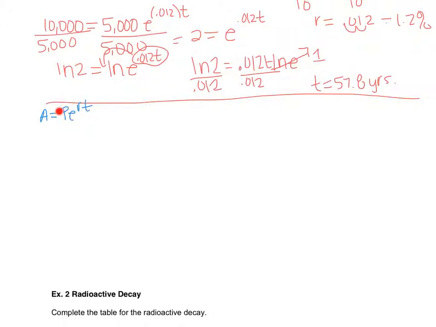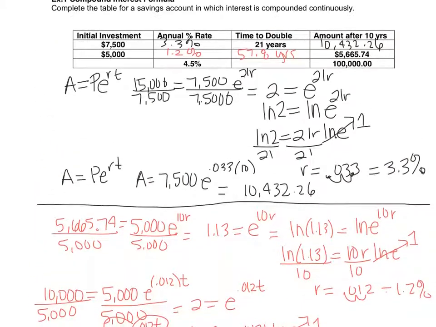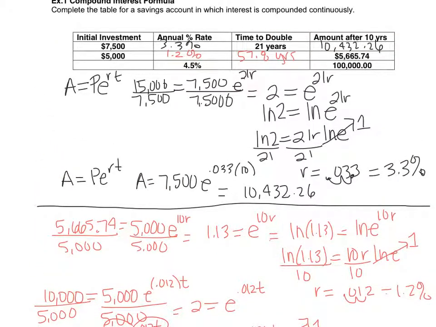Now, I don't know my initial investment. What I do know is I wind up with $100,000. I'm looking for P. I also know my rate. My rate is 4.5%.